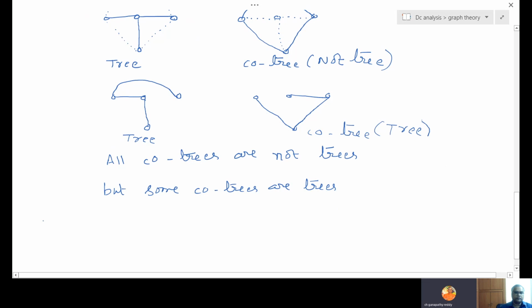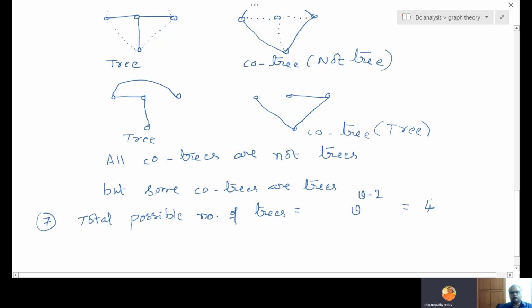7. Total possible number of trees. There is a formula: V to the power of V minus 2.